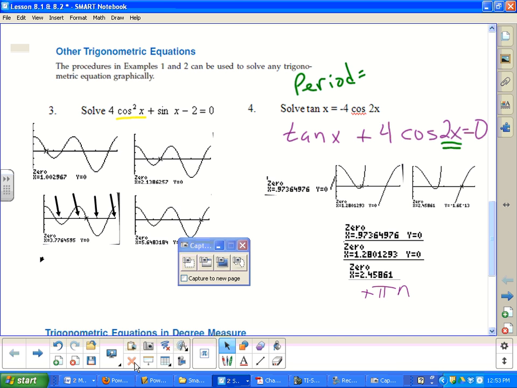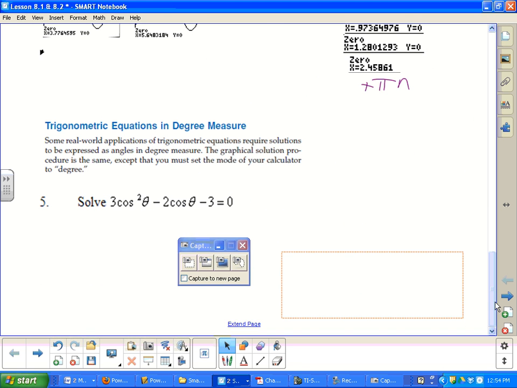Okay, so we should have 0.974, 1.28, and 2.459 plus pi n. Okay. All right, so you guys do this one.